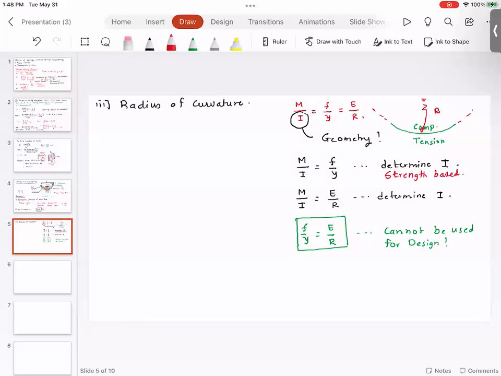Why is it called strength-based? Because please understand F is nothing but the strength of the material, the maximum amount of stress that the material can withstand. That's why this is the strength-based design. And when you use the second equation, it is called the deflection-based design.